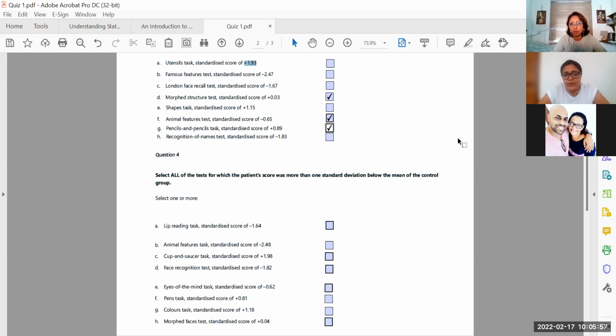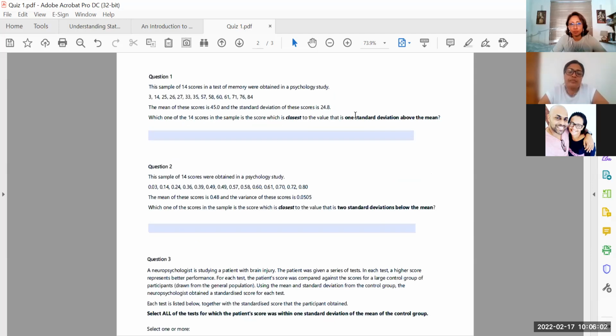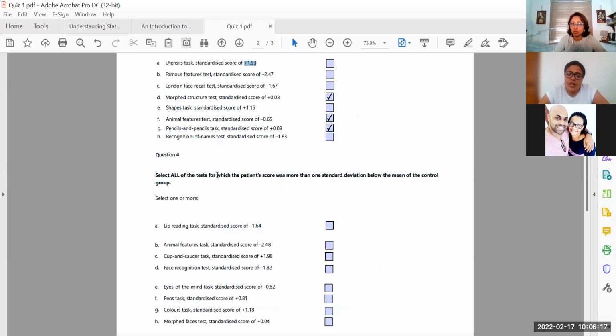No. So we have three scores here: D, F, and G. Within means between -1 and +1, because a standardized score of 1.93 means your score is 1.93 standard deviations away from the mean. That is why it's not within, it's beyond.